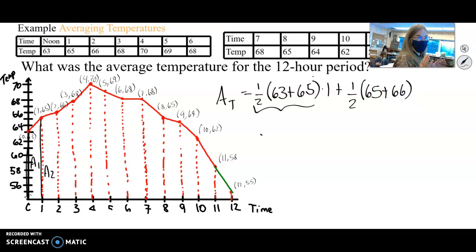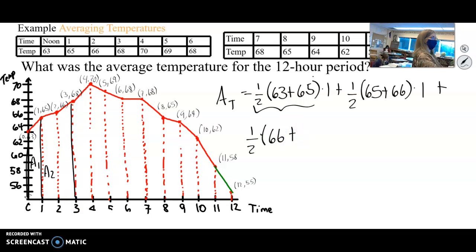On all of these I can leave off the times 1, but if you write it, it's not wrong. The third one is 66 plus the next temperature at 3 o'clock, which is 68, multiplied by 1. Notice, every single time I'm multiplying by 1/2 and by 1, so I can factor out a 1/2 times 1, which is 1/2.